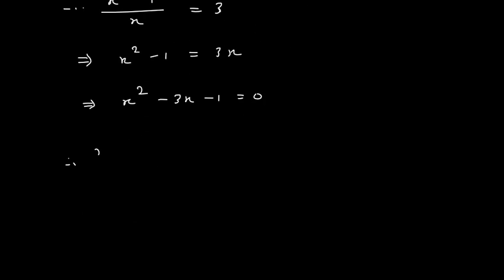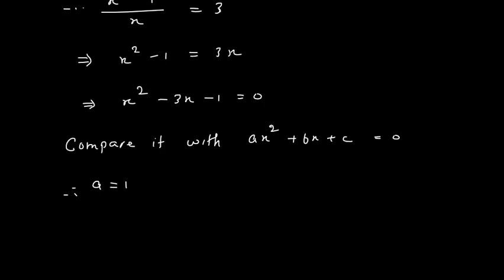So before we find x, let us compare it with ax square plus bx plus c equal to 0. So when we compare, we get the value of a is 1, value of b is minus 3, and value of c is minus 1.